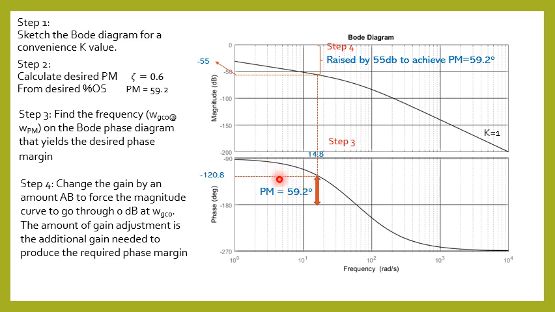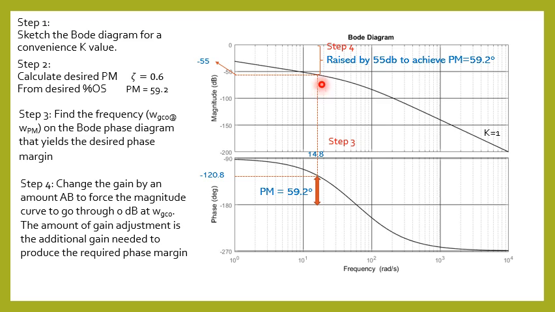Now step 4, at the frequency of 14.8 radian per second, go to the magnitude plot and read the magnitude value, which here is approximately minus 55 dB.